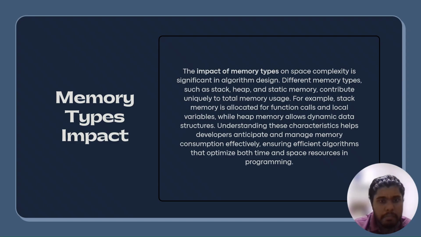Heap memory is used for dynamic memory allocation. Objects, arrays, and linked data structures are typically stored in heap memory. Heap memory is flexible but slower compared to stack memory and must be managed carefully.